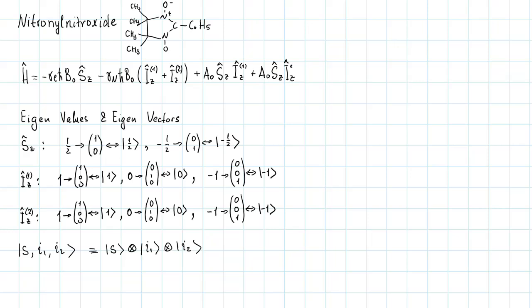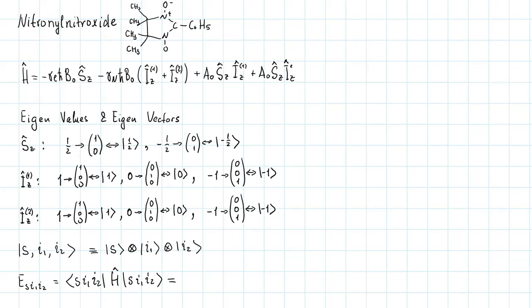It can be easily shown that such product states are eigenvectors of our spin Hamiltonian. With this, we can calculate the energy level of our spin system by calculating the standard bracketing of the operator H with our spin state characterized by three quantum magnetic numbers S, I1, and I2.